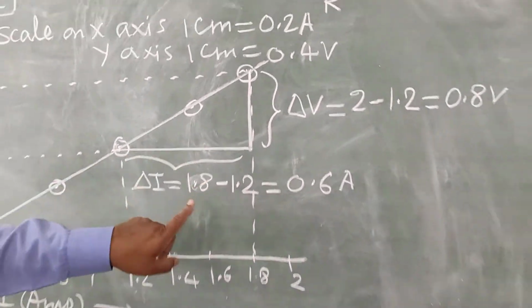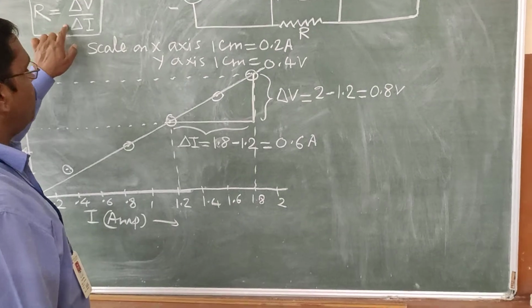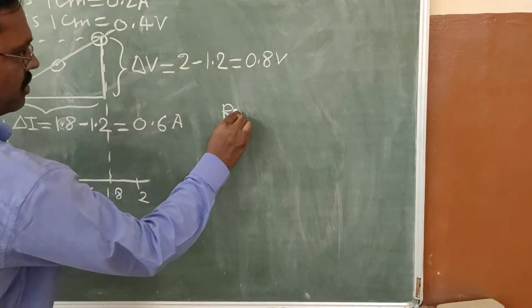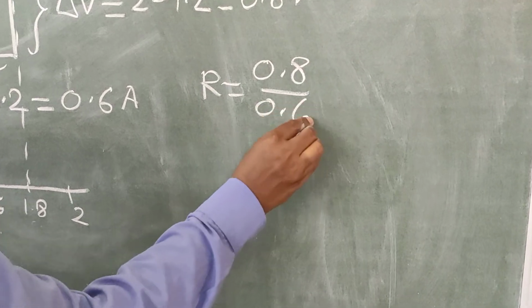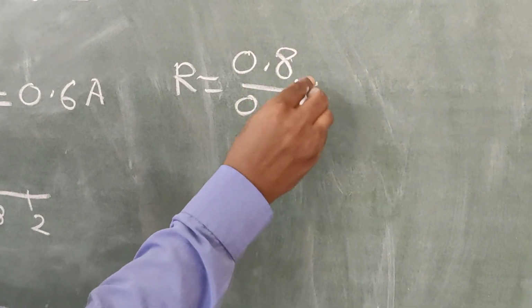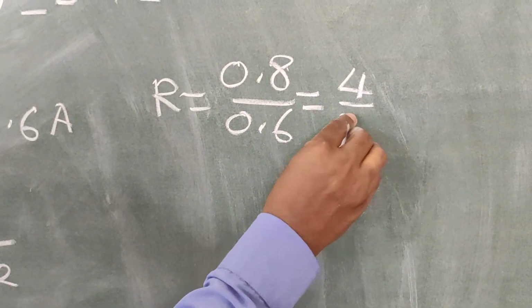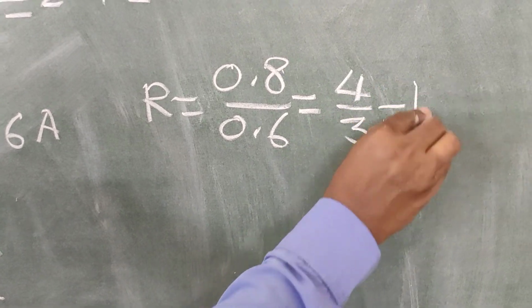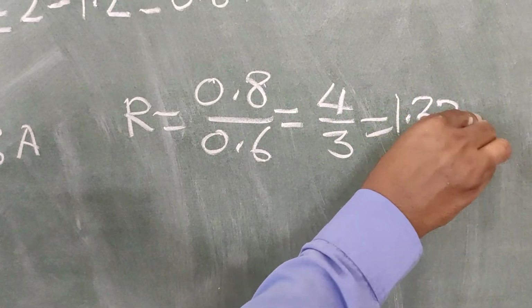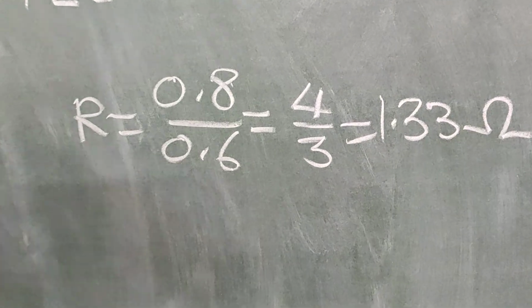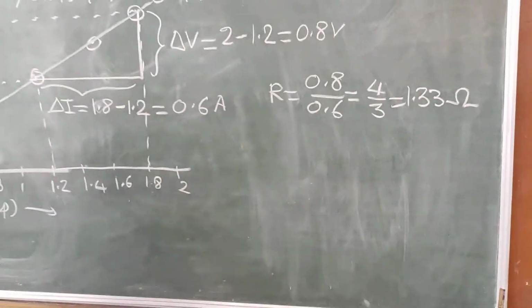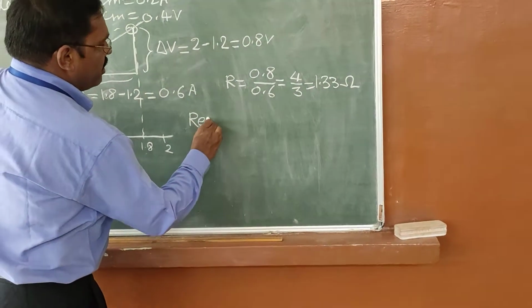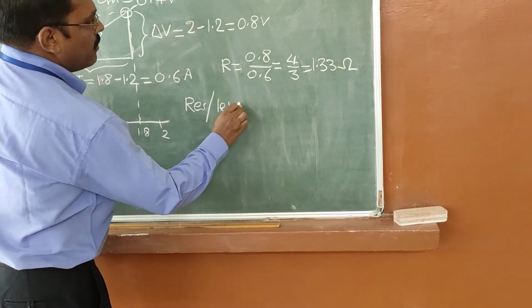So we have got delta V and delta I. By this formula, R becomes 0.8 upon 0.6, 8 upon 6, 4 by 3, which is 1.33 ohm. This is the resistance. And finally you have to find resistance per unit length.